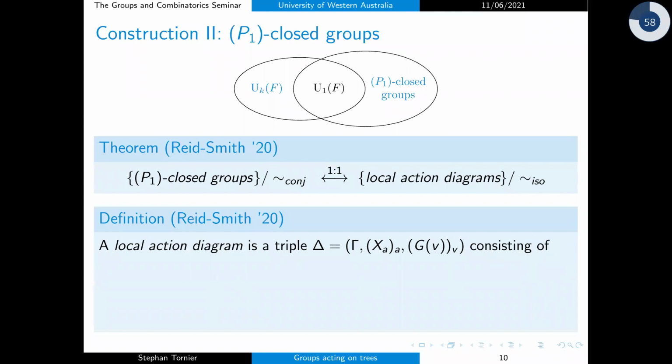So here we go. A local action diagram is a triple, and foremost it consists of a connected graph gamma, typically finite. I should say they do this in quite a large generality, for any tree that's not even necessarily locally finite. But to relate it to the previous construction, let's just say we're looking at regular trees.